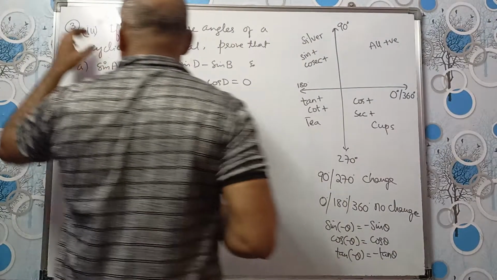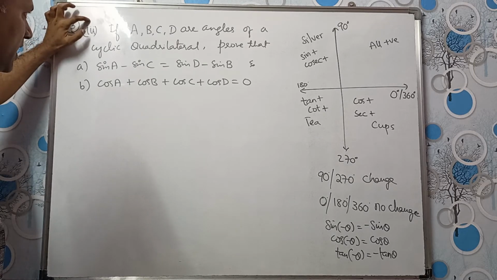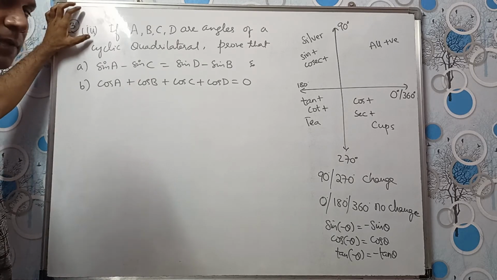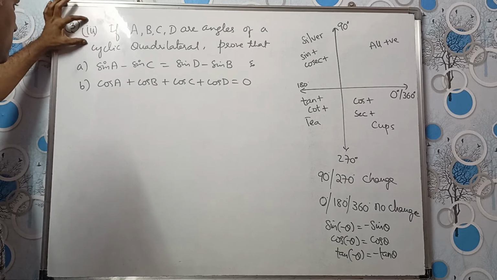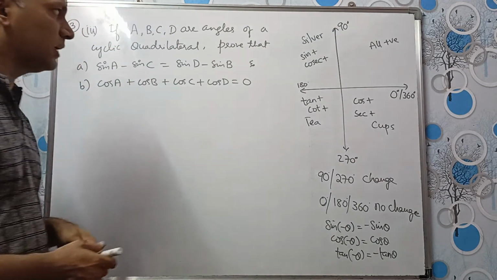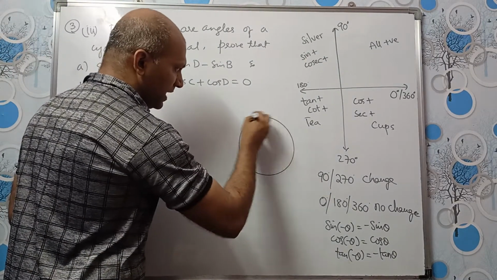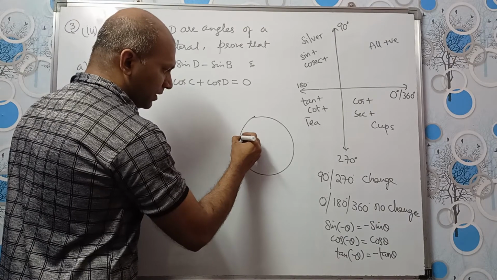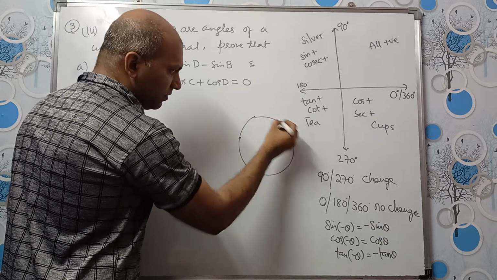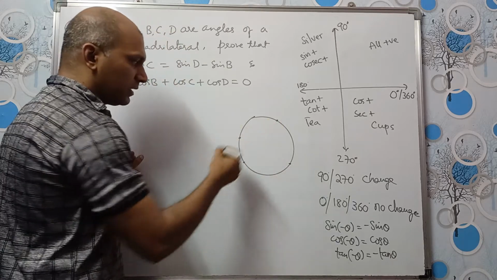We have this question. See, the third problem, the first and second bits I have solved in the previous videos. So let us solve the third bit. If A, B, C, D are angles of a cyclic quadrilateral. Now what is a cyclic quadrilateral? See, if we have a circle, the vertices of this quadrilateral will lie on the circle.